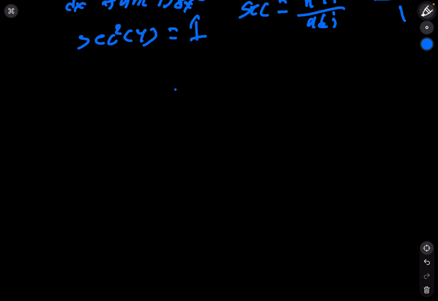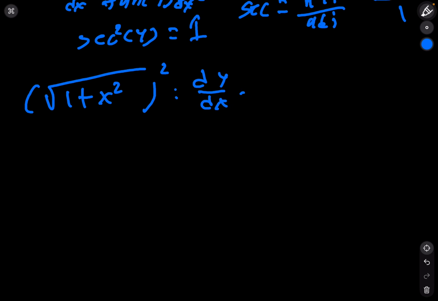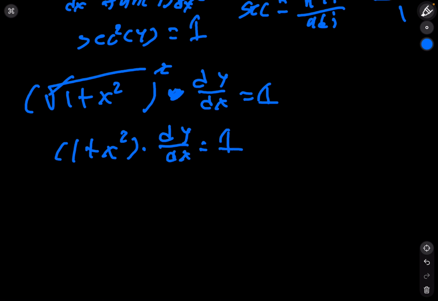So then from here, we can say that secant squared y is equal to 1 plus x squared times dy/dx. Don't forget that. I kind of forget that. Is equal to 1. And from here, you can actually just cancel roots. So then it's just 1 plus x squared times dy/dx is equal to 1.